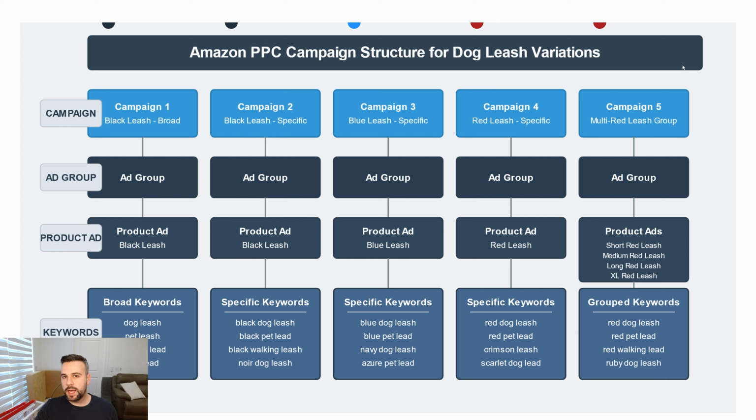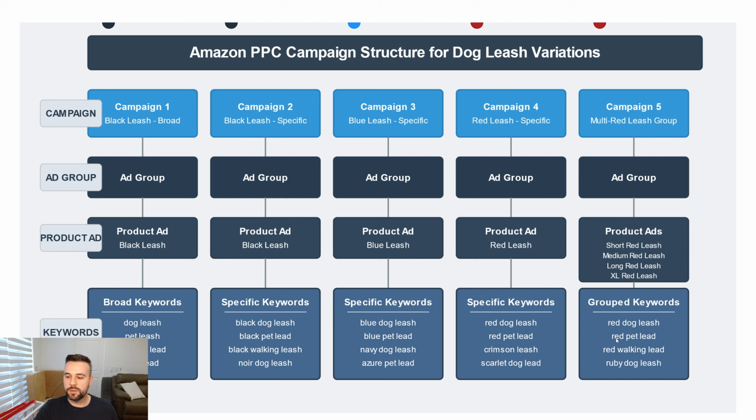And then campaign 5, I've given you an example of what it looks like where you have, let's say, a red leash with multiple sizes, and you're going to group them together in one campaign. So campaign 5, multi-red leash group, you have all the ASINs under the ad group, all the red ones, different sizes, targeting those specific red keywords.